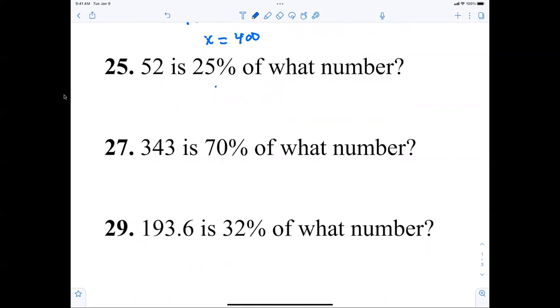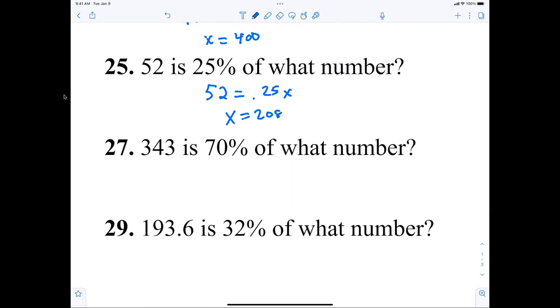So 52 equals 0.25x. Yep. And then divide it by 0.25. So x equals 1. How did you get that?